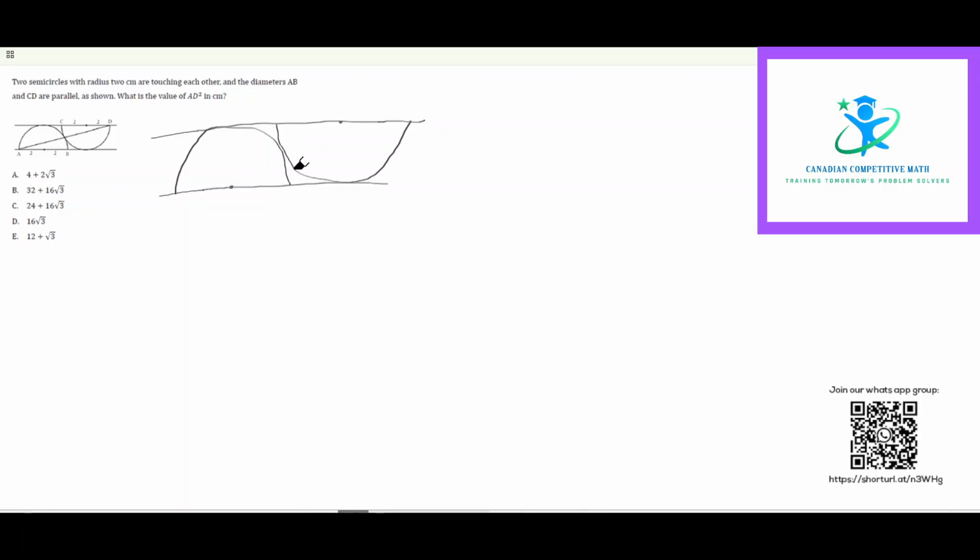Okay, so as per the question, these two circles are touching each other, let us say, and now he's asking us to calculate what this length is, AD square.